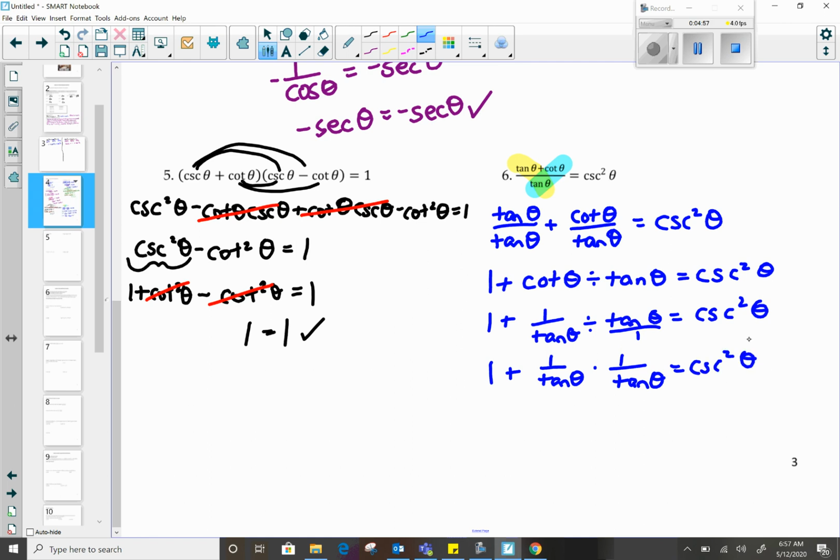So look at this. We get 1 plus 1 times 1 is 1. And then we get tan squared on the bottom. 1 over tan squared is cotangent squared.